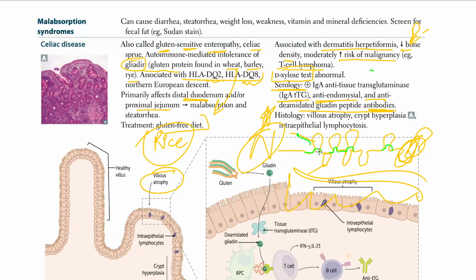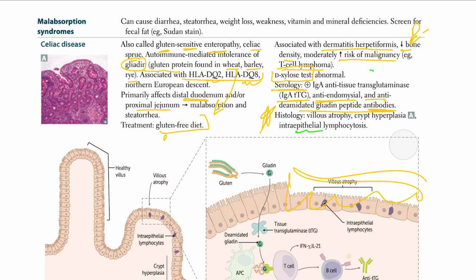I drew them a little bigger, but they undergo hyperplasia. And the third thing on histology, you have intraepithelial lymphocytosis. So you have the lymphocytes in the epithelium of these cells.